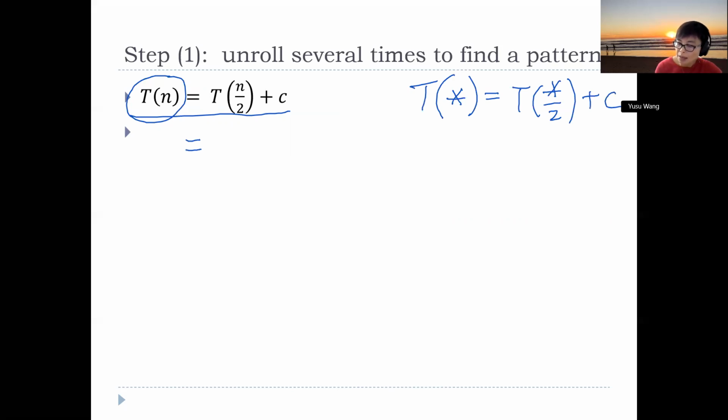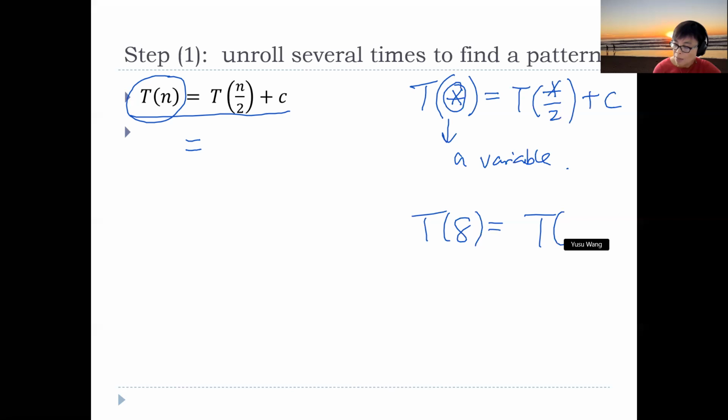So this is basically a variable. For example, T of 8 will equal T of 8 divided by 2, which is 4, plus this, and so on. So this is any number.